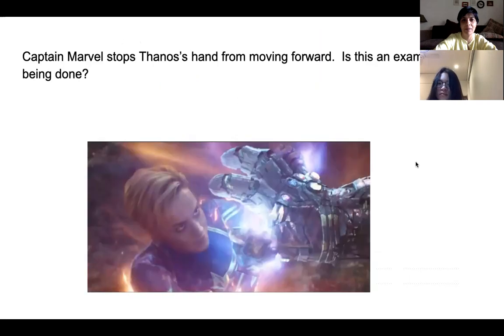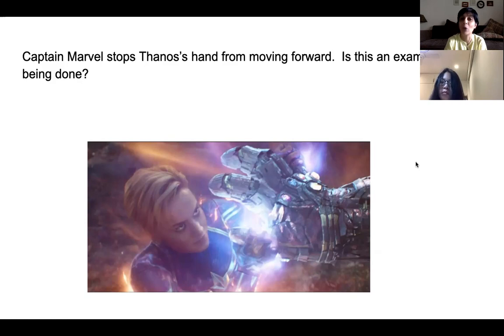Okay. Tell me here. You remember this scene from Thanos, do you? Captain Marvel, she was pushing Thanos's hand, but it wasn't quite moving. So tell me, did Captain Marvel do some work?